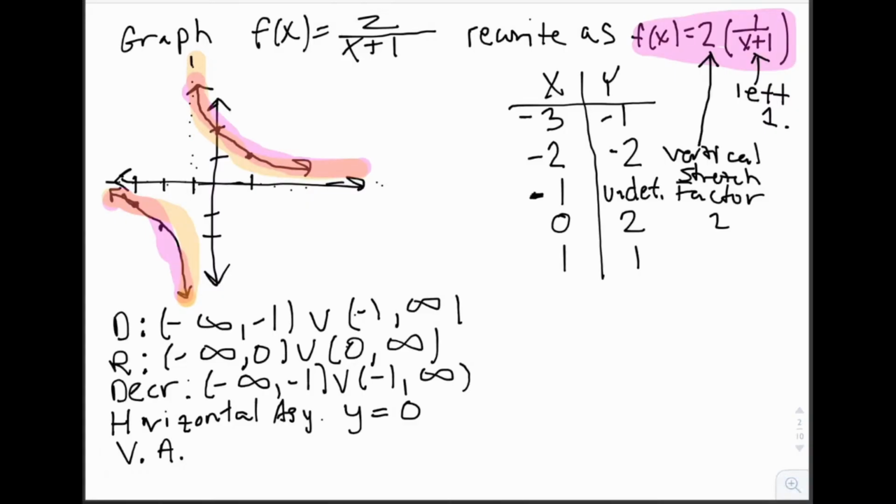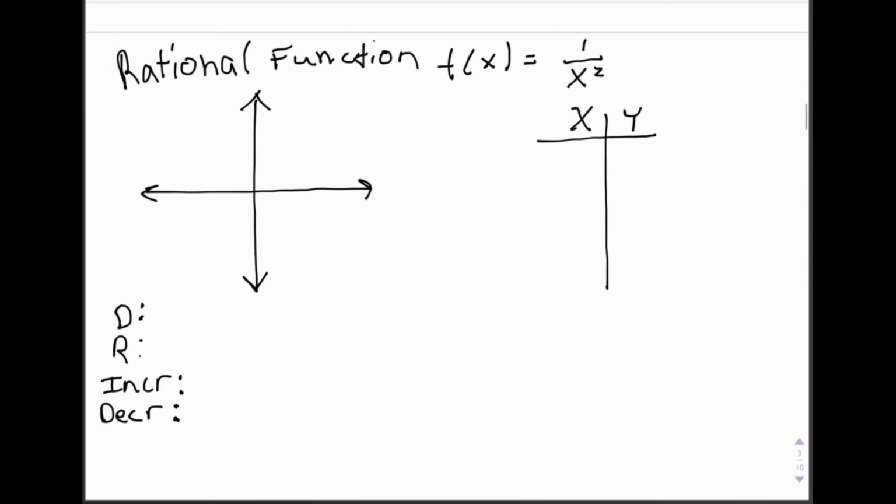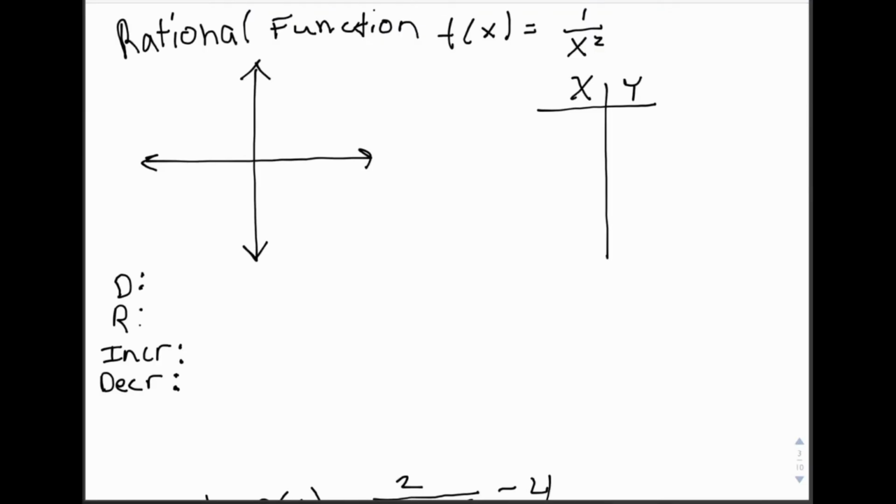In this case, it's -1. So for our vertical asymptote, we can say x is equal to -1. And we will go a little bit more in depth on how to find these asymptotes. So let's proceed to our next example, and later on we will look at that specific information.